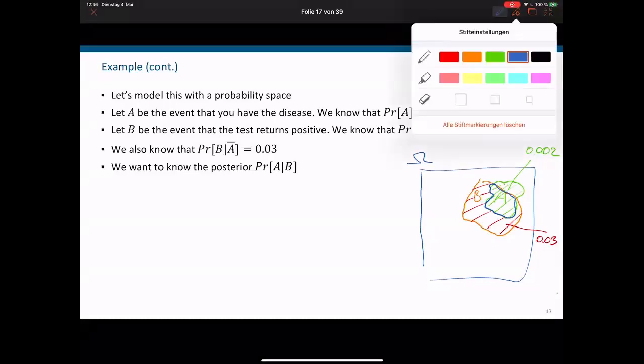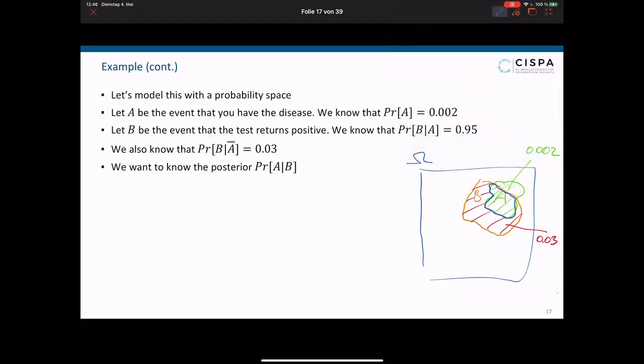Well, for this, the law of total probability and Bayes' rule are our friend. If we want to know the probability of A given B, well, we don't really have so much to work with yet, but we kind of have the opposite thing. Sorry, I jumped over that.